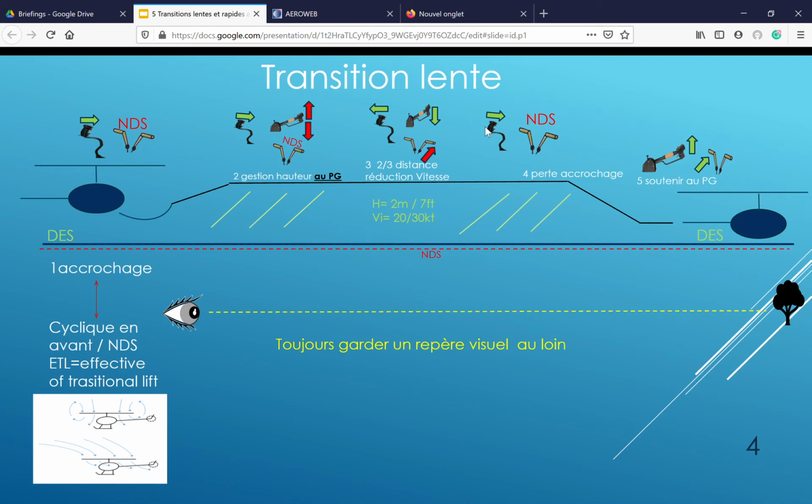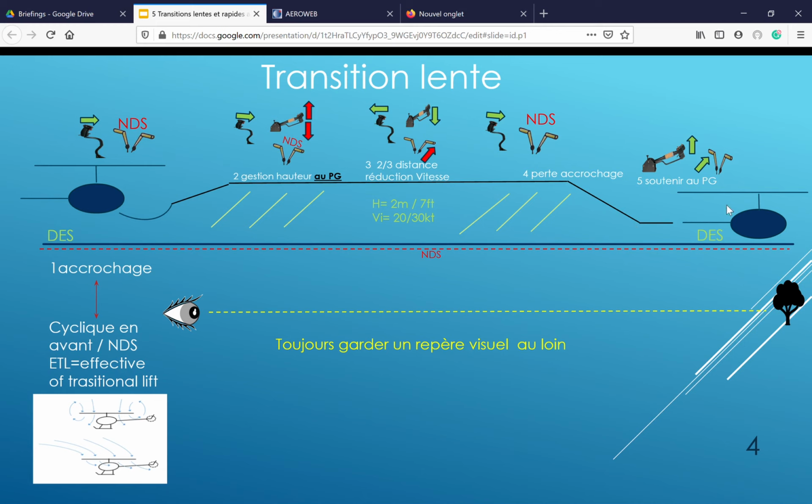And then in order not to have your nose pitch up, you will put a little bit of cyclic forward, keeping your helicopter with no slip, and of course by reducing your speed you are losing the effect of transitional lift. So the helicopter will descend, and then you will raise a little bit your collective, putting in left foot to keep the helicopter from touching the ground.